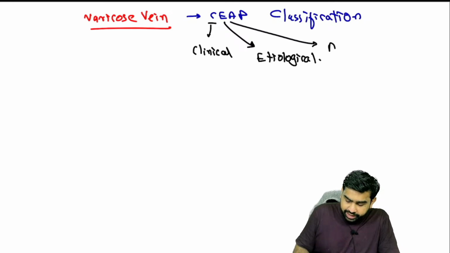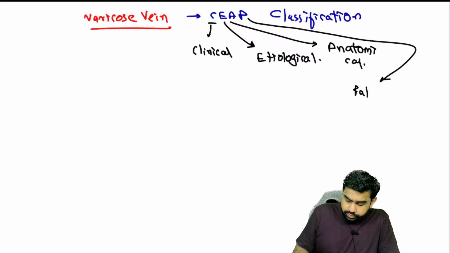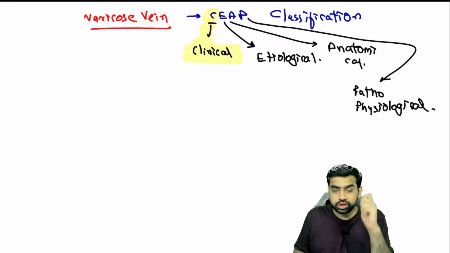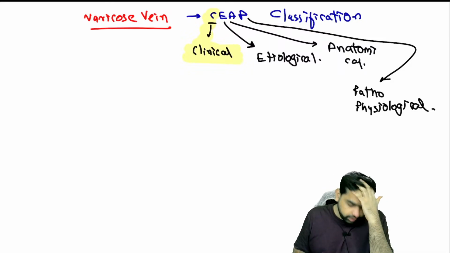A stands for anatomical, and P stands for pathophysiological. Out of these, the more important is the C. So the C stage in the CEAP classification is something which is more important. Let's talk about this.